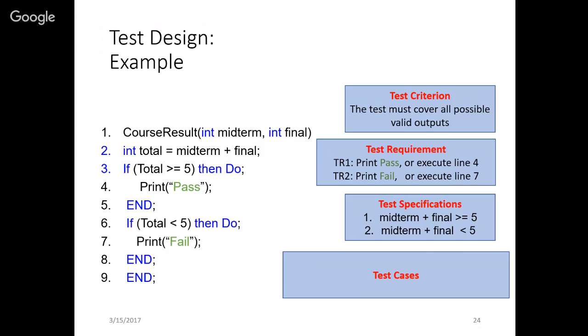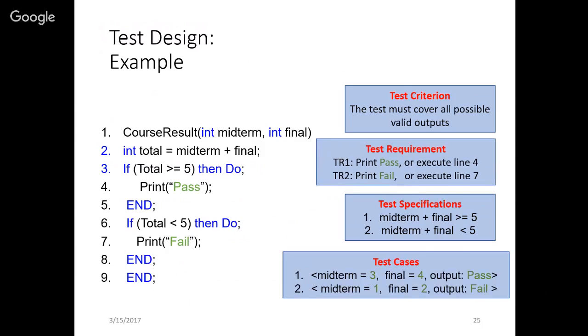Okay, 4 and 6, which is 10. 4 and 6 will work, but it will be the wrong value, right? It will print pass like in this case, but we did not check for this. This is a fault, right?